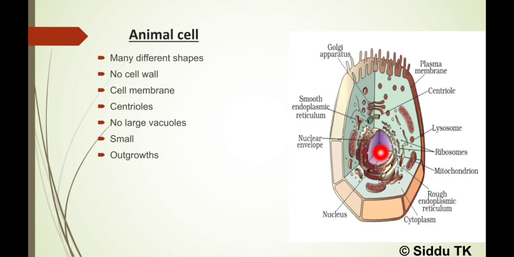Inside the nucleus, DNA is present. And in the cytoplasm, we can see mitochondria, Golgi complex, and endoplasmic reticulum. Remember, in these animal cells, no large central vacuoles are present. And in the animal cell, specialized structures called centrioles are present. These centrioles are not present in plant cells.